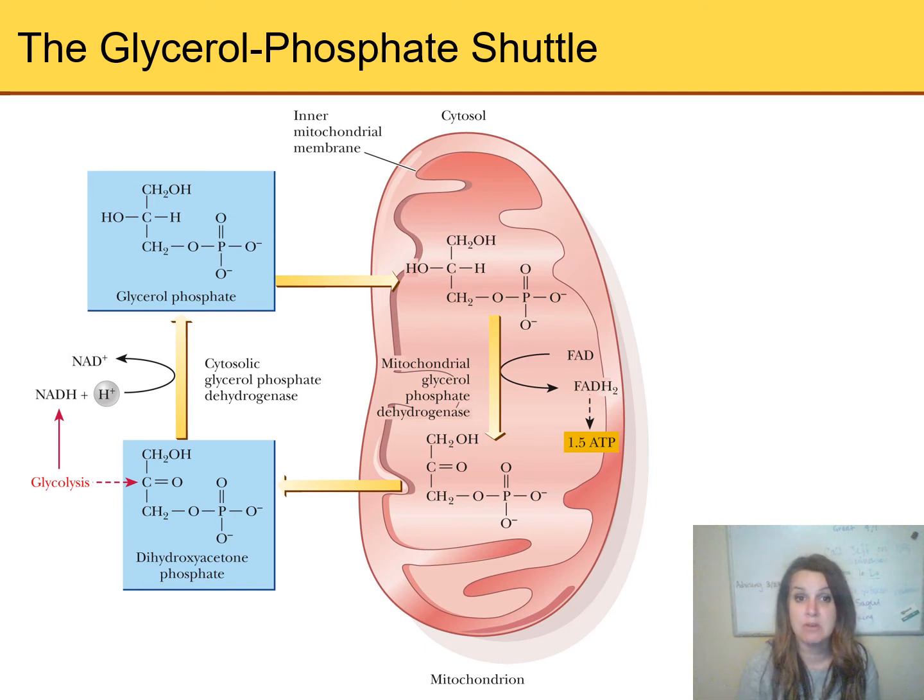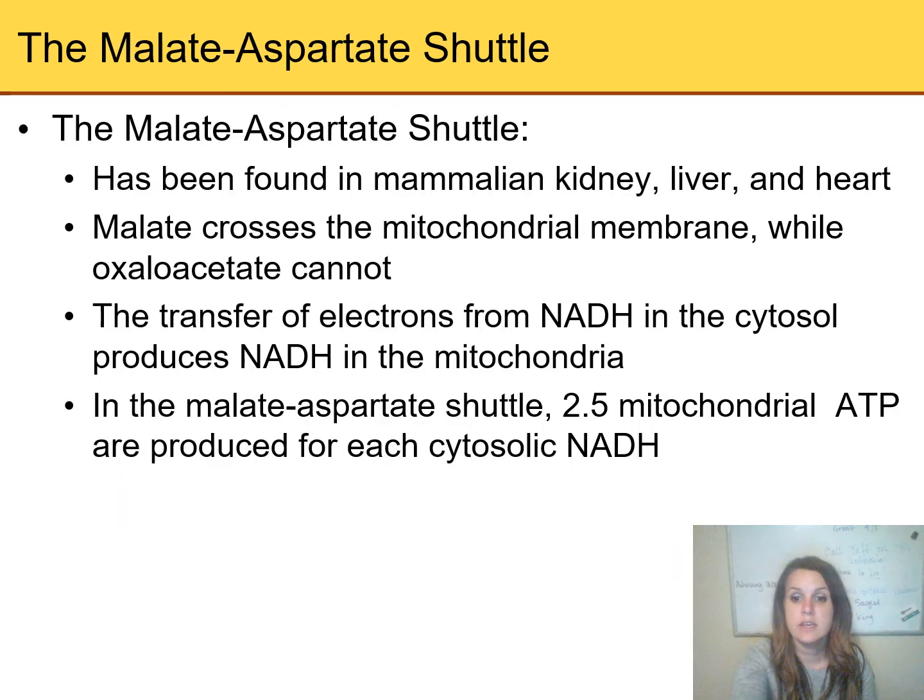And this is how the glycerol phosphate shuttle bypasses the fact that NADH cannot be brought into the mitochondria from the cytosol. An even more efficient shuttle called the malate aspartate shuttle has been found in mammalian kidneys, liver, and heart. So malate can cross the mitochondrial membrane, however, oxaloacetate cannot.